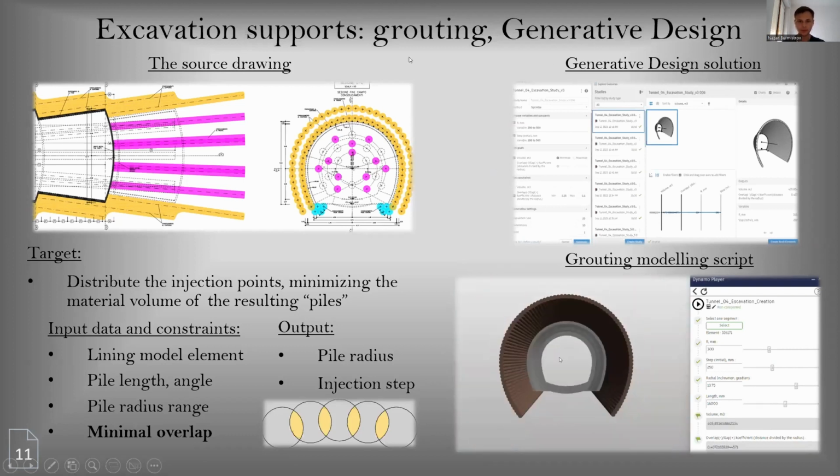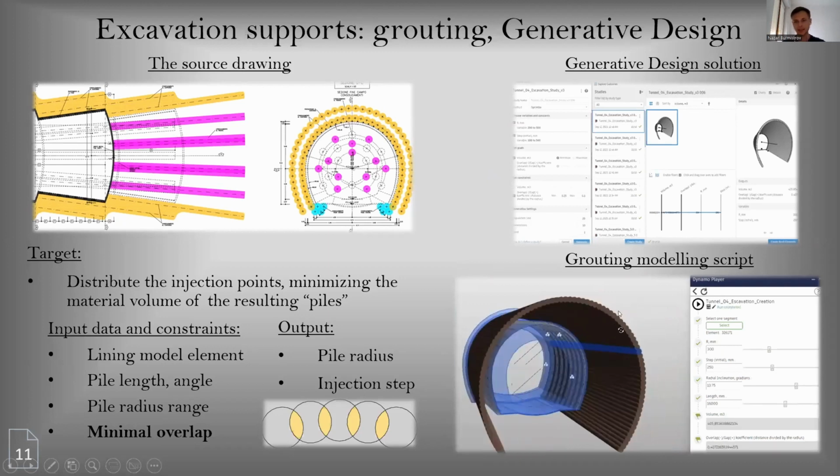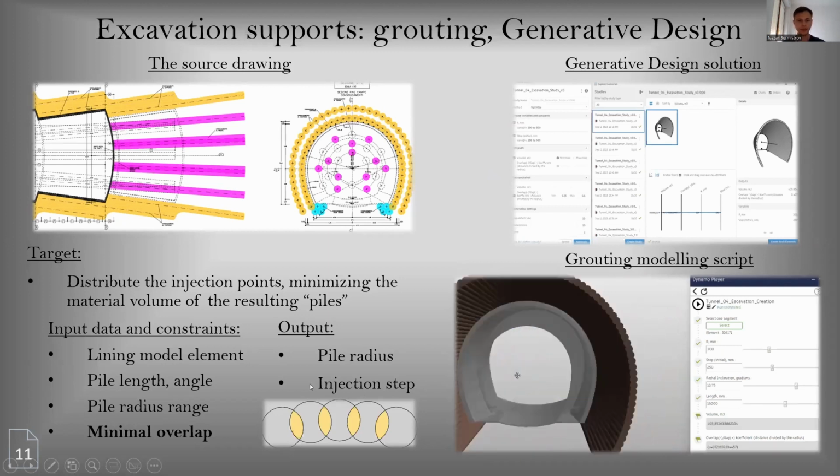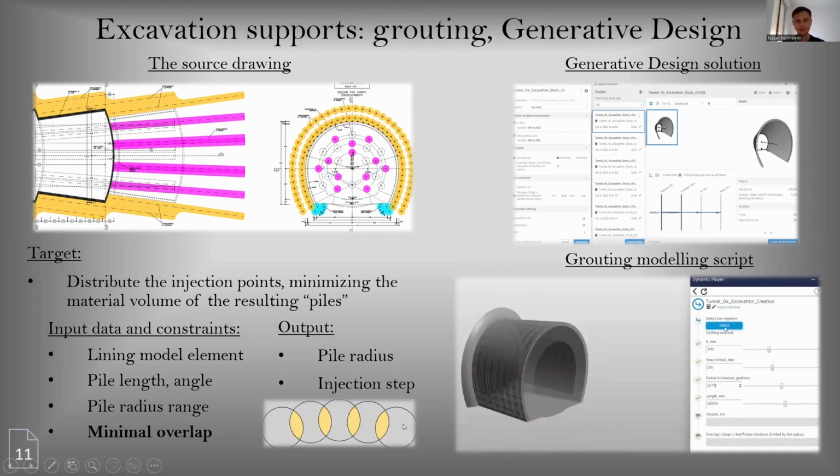In order to get the optimal geometry, we need to have minimal overlap in the end. And since they expand, if we change the angle or the radii or the step, it's not that easy to do it manually, but Dynamo can help.